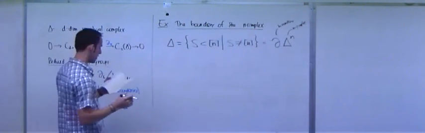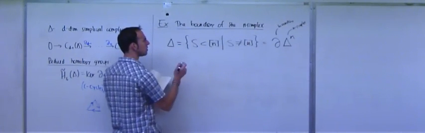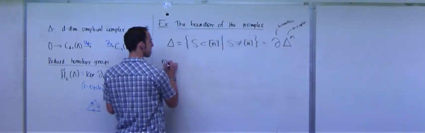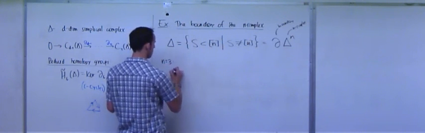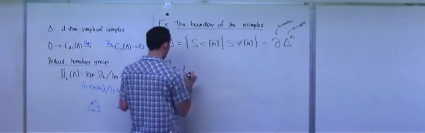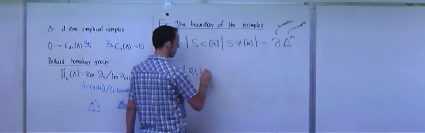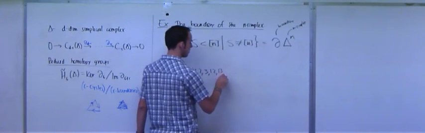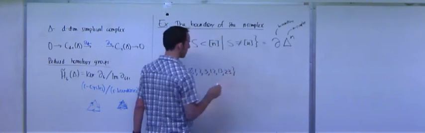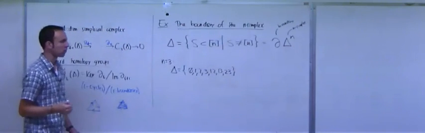So for example, what do I get for n equals 2? n equals 3, let's do. So we get all the subsets of 1, 2, 3 except for the whole set, right? So empty, 1, 2, 3, 1 2, 1 3, 2 3. Everything except for the whole set 1, 2, 3.